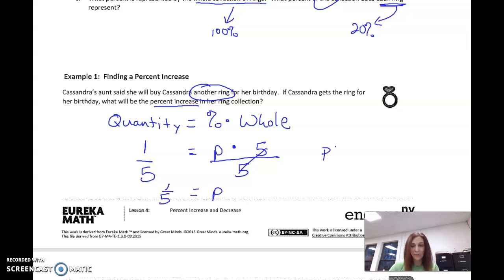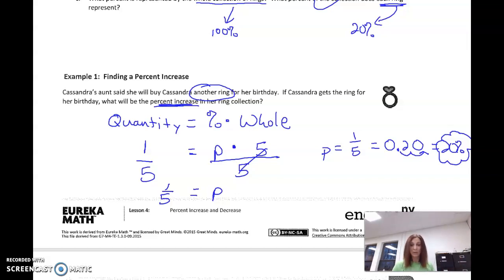Well, let's talk about that. If I grab a calculator and go 1 divided by 5, I get 0.2. But it's P for percent. I need to find a percent, so I'm going to move the decimal point 2 places to the right, and that would be 20%. So this would be a 20% increase in the number of rings.